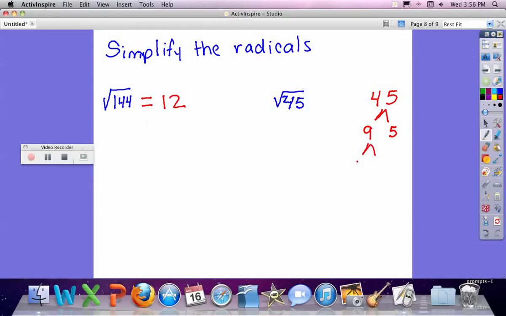I have a 3, a 3, and a 5. This tells me that I can pull out a 3. Any number that you have 2 of, you can pull one of them out. And since I only have one 5, it has to stay inside the square root. So when I simplify the square root of 45, I get 3 radical 5.